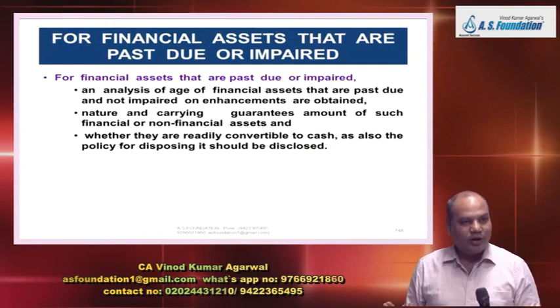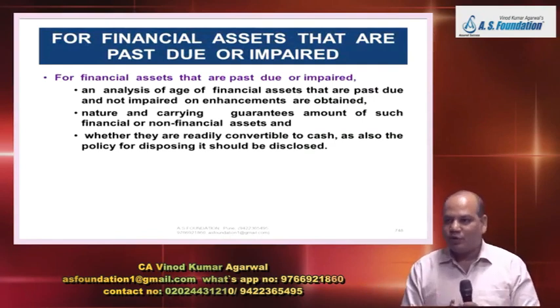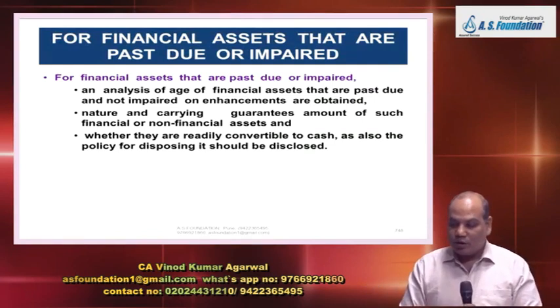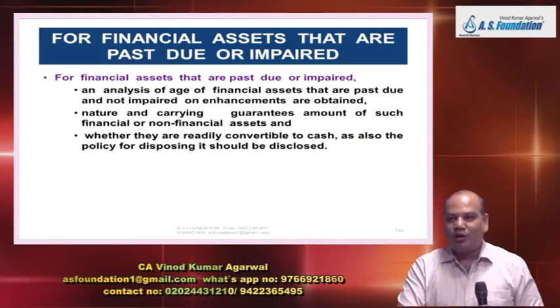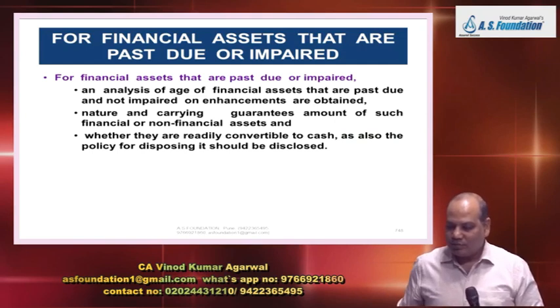But I have edited a lot, only the main 4 or 5 points I have noted. Then financial assets that are past due or impaired, means they have not paid on time. NPAs, what we call non-performing assets, those who are delaying the payment, whose due date has expired.